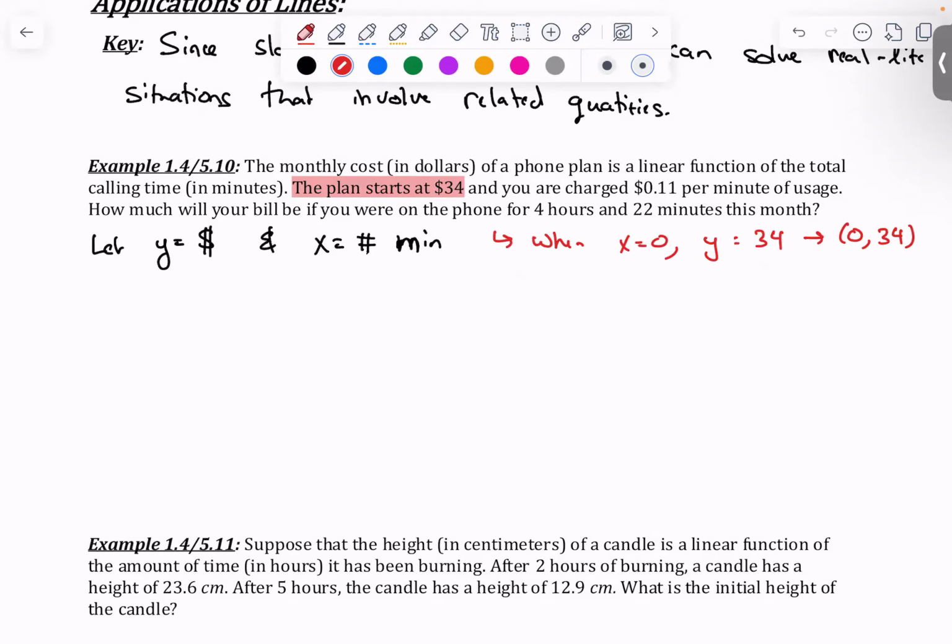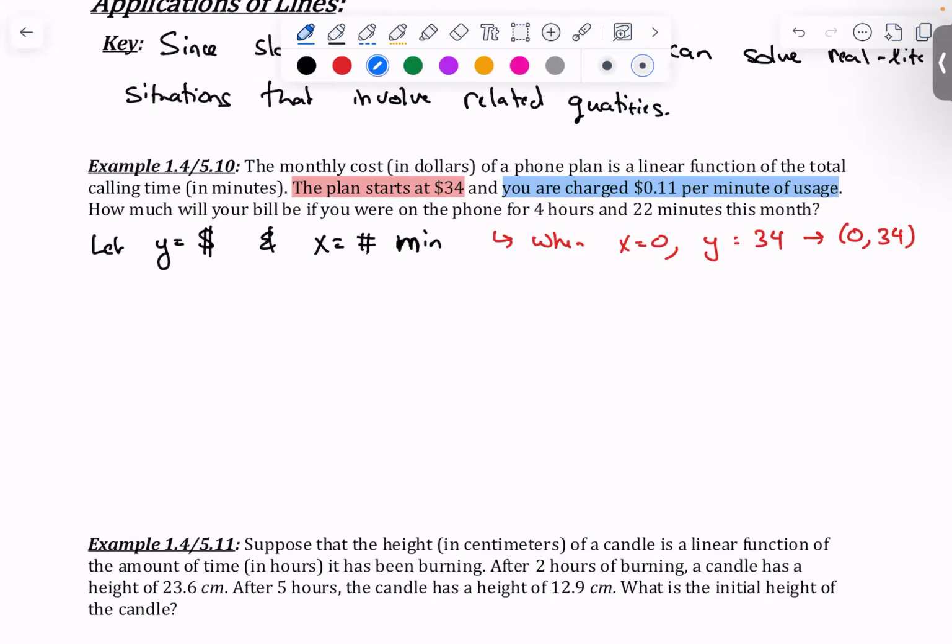We have an x value, we have a y value. And we're charged 11 cents per minute of usage. That's a y value divided by an x value, number of minutes. It's a rate.